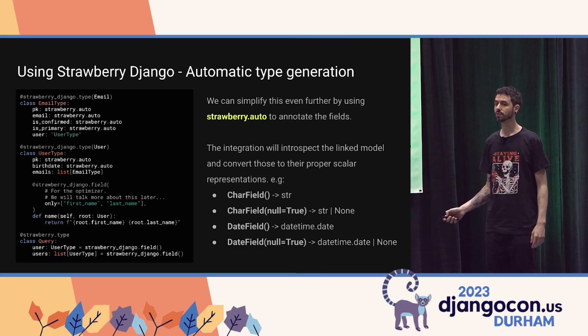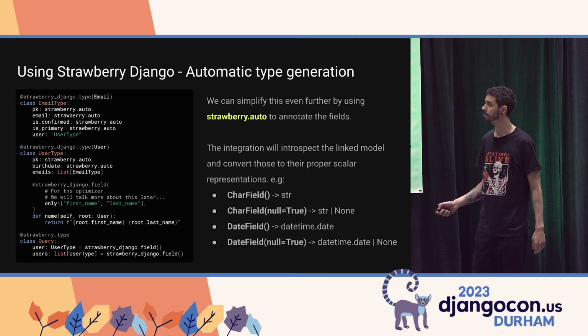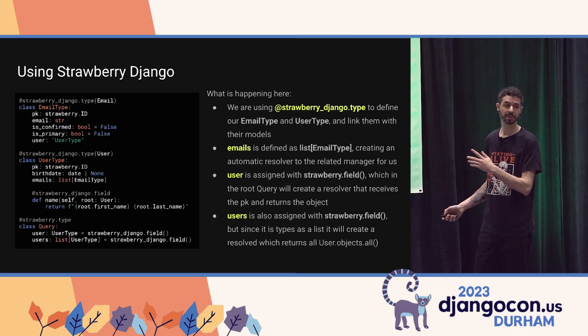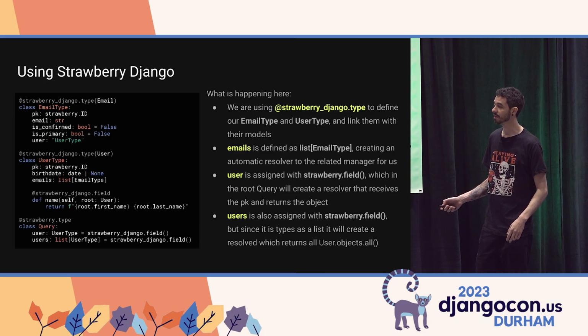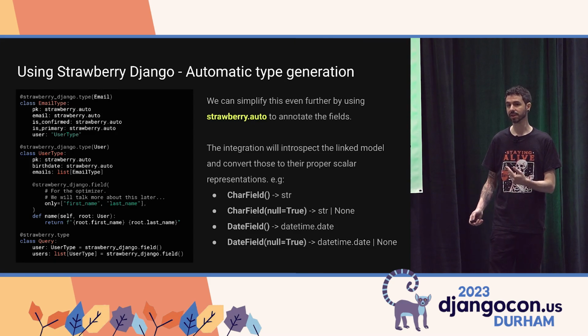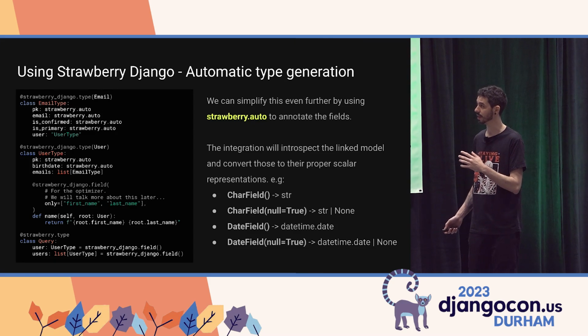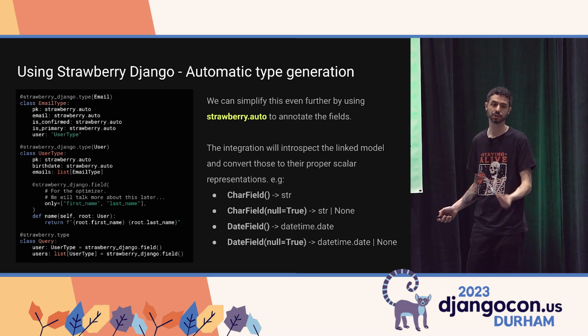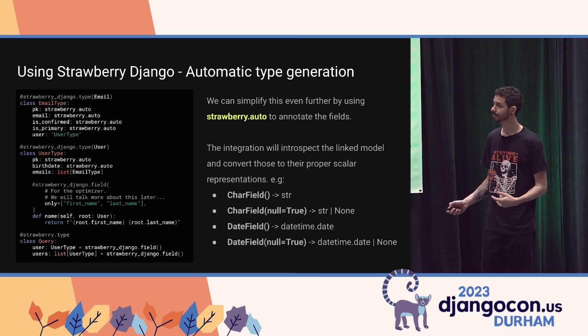We can actually just use the strawberry.auto annotation in here. So for example, the same as before, I have the email type in here, but instead of typing everything, I already have that typed on my ORM. I know that the email is using a char field, so I know that I should expose that as a string, and so on.